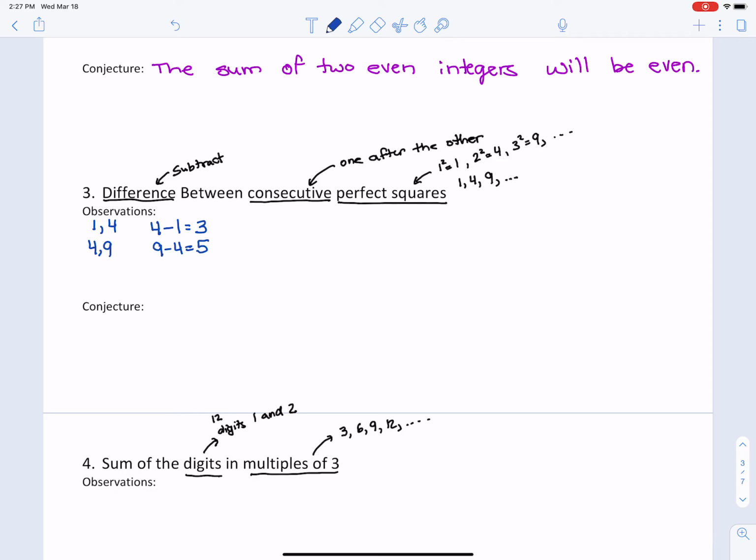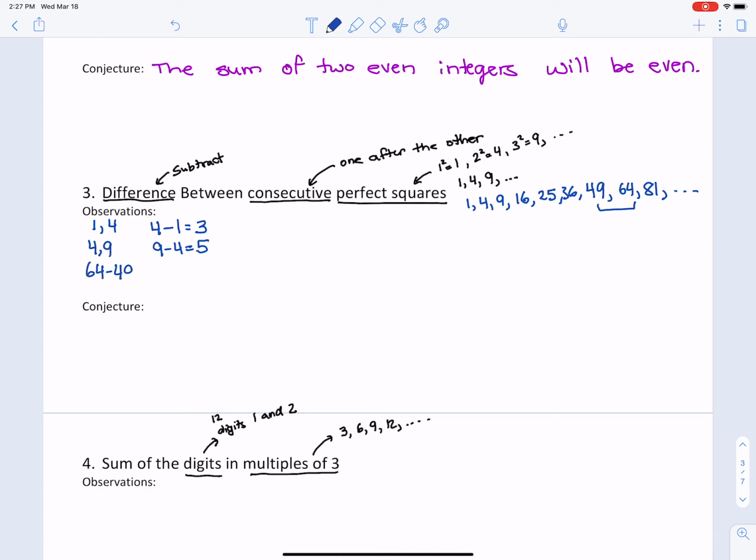The next consecutive integer from 9 would be 16, which is 4 squared, 5 squared, 6 squared, 7 squared, 8 squared, 9 squared, and we can keep going on. But let's take another pair maybe later on. So let's take those two. Consecutive means right beside one another.